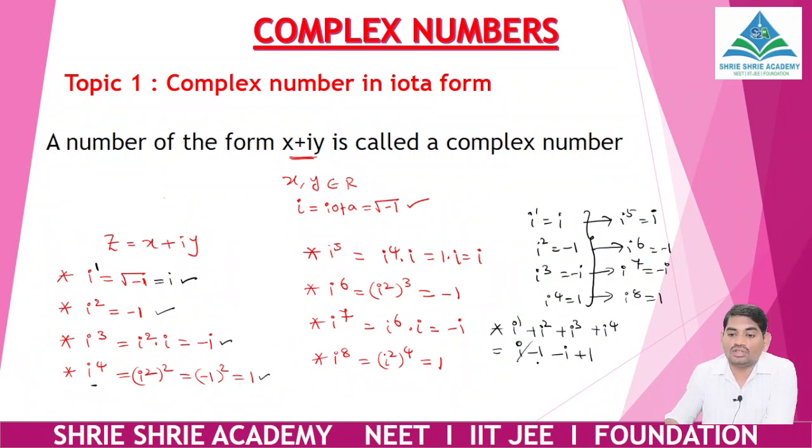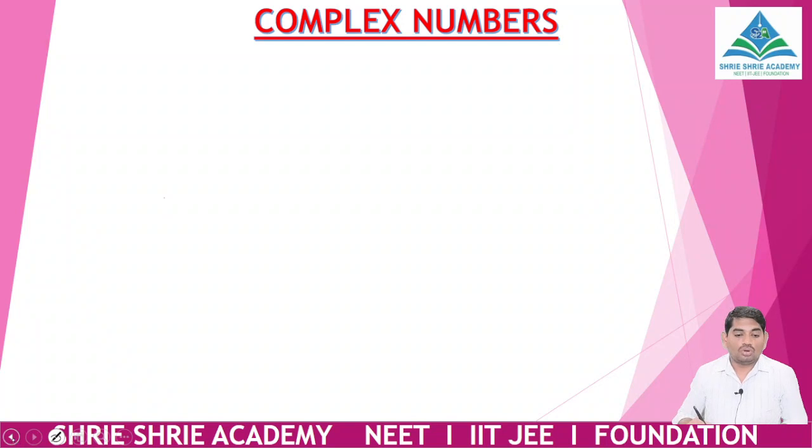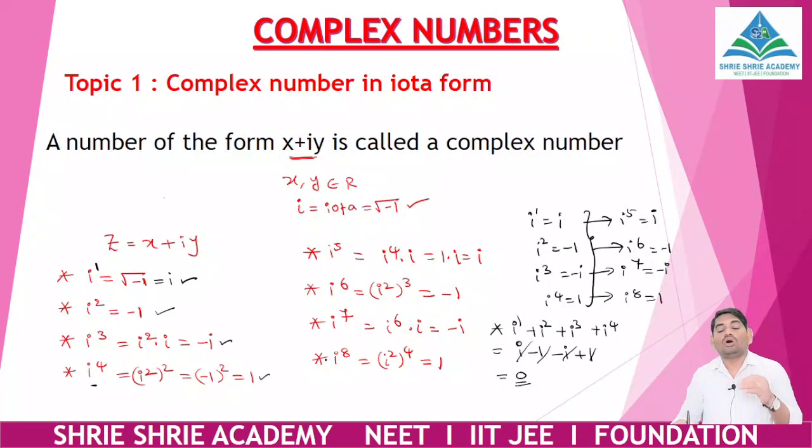So if we add everything, we get 0. So 0 is the answer. From this we can conclude that the sum of any 4 consecutive powers of iota is always equal to 0.